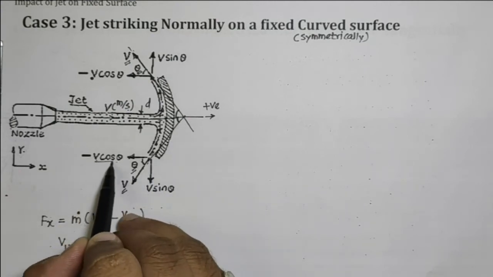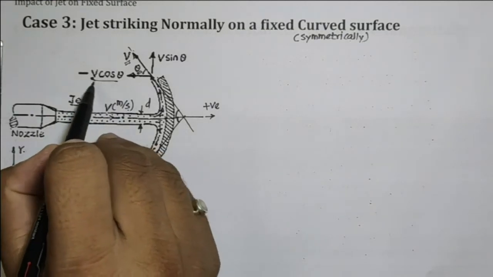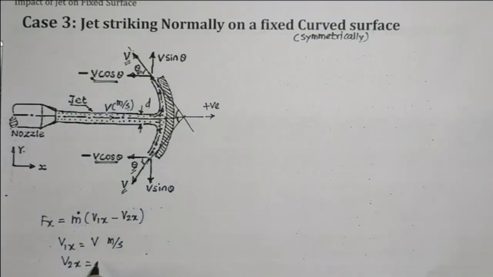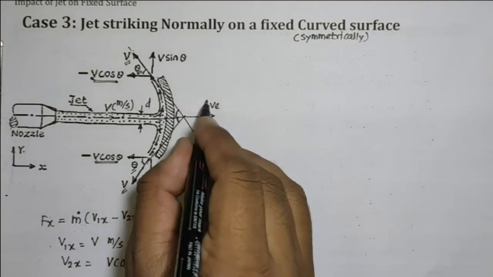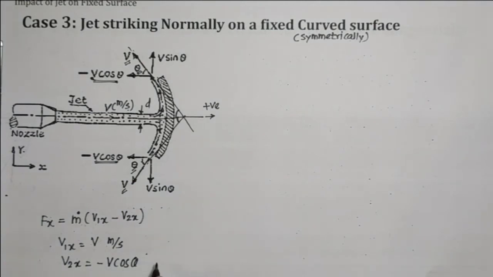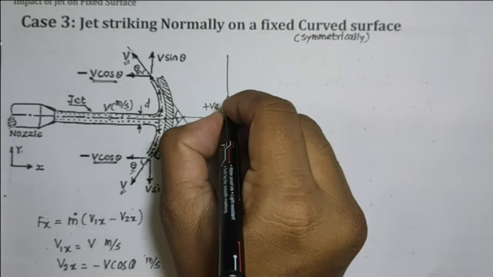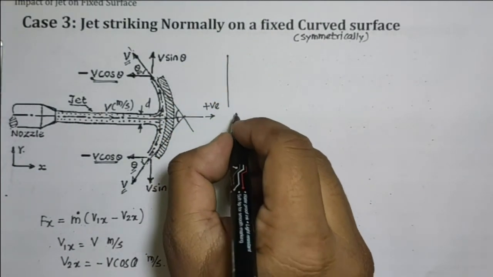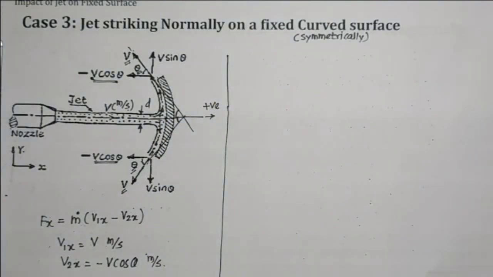This is v cos theta, but it has a direction opposite to the positive x direction. So we can write this value as negative v cos theta meter per second. So we have these two values of velocity along the x direction before and after striking the plate.